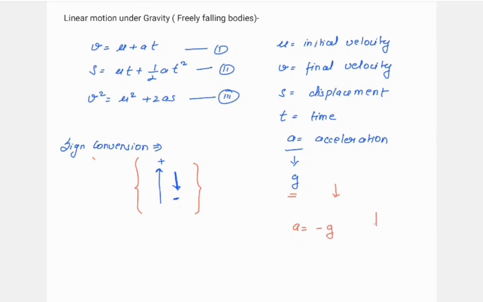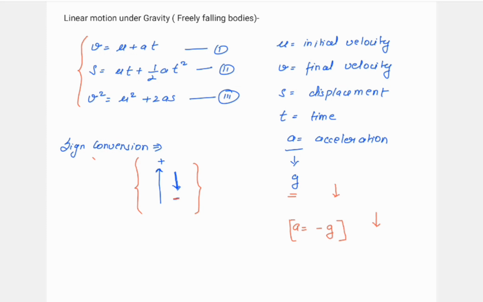Because gravity works downward, and as per our sign convention, we take downward as negative and upward as positive. In these three equations, instead of a, I'm going to put minus g, and whatever values are in an upward direction I take as positive, and in a downward direction as negative. That much theory is there in this type of question.